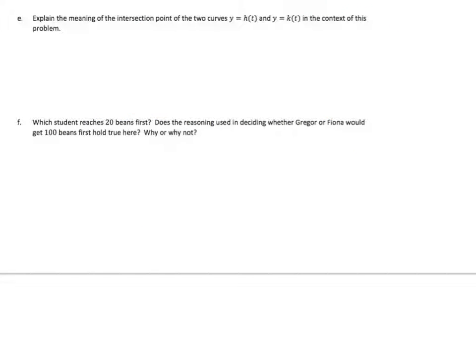Explain the meaning of the intersection point of the two curves in the context of this problem. The two curves meet at t equals 5. That's where Helena and Carl have the same number of beans.